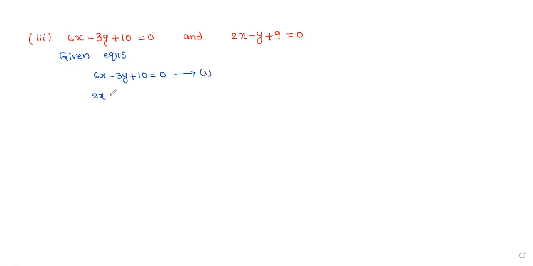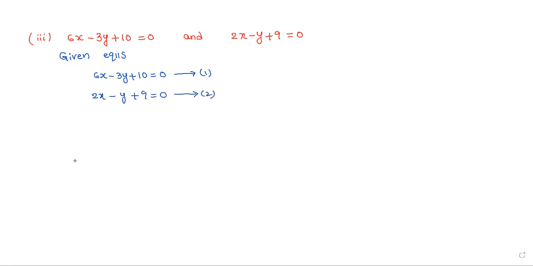Okay, right now. 6x minus 3y plus 10 equal to 0 and 2x minus y plus 9 equal to 0. Okay, given equations: six x minus 3y plus 10 equal to 0, 2x minus y plus 9 equal to 0.